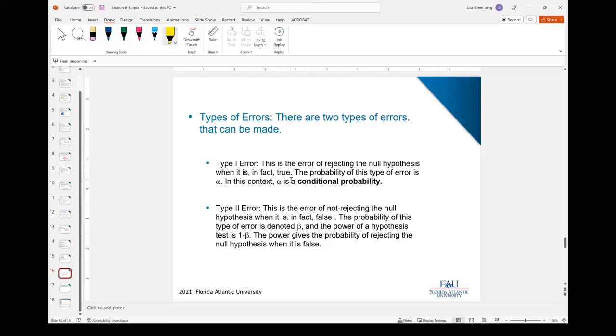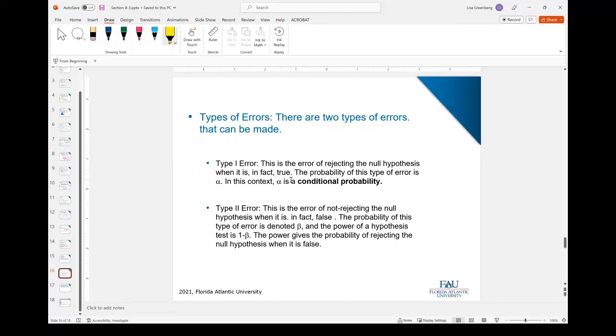Now we have two different types of errors, obviously. So we have type 1 error. This is the error of rejecting the null hypothesis when it's true. So we go through all of our calculations and whatever method we're using, we reject the null hypothesis, which means that we say there is enough evidence to prove the alternate hypothesis.